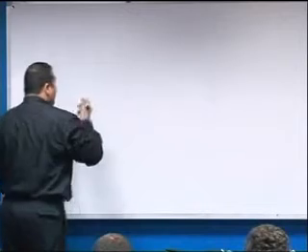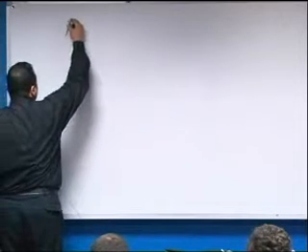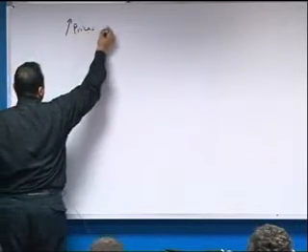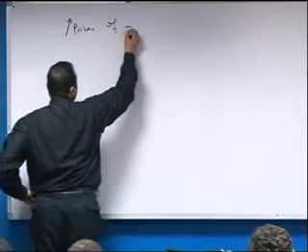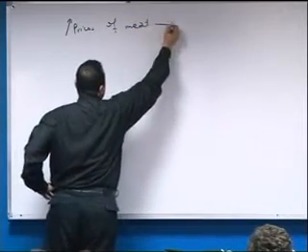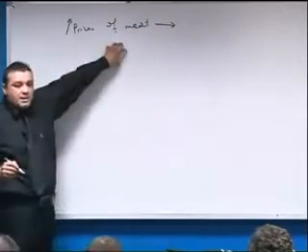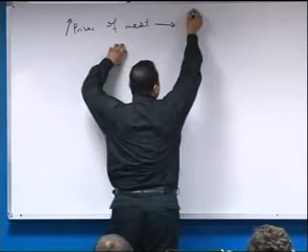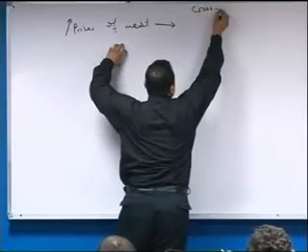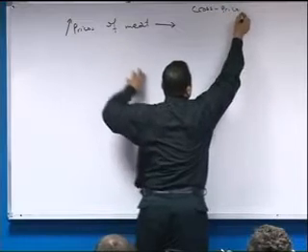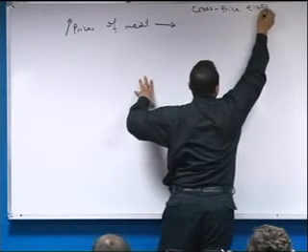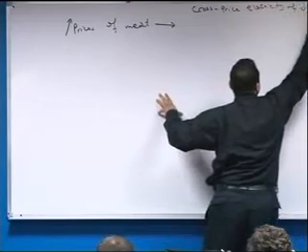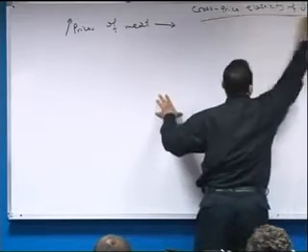Number 1, the prices of chicken or meat, increasing the prices of meat. This topic is cross price elasticity of demand.